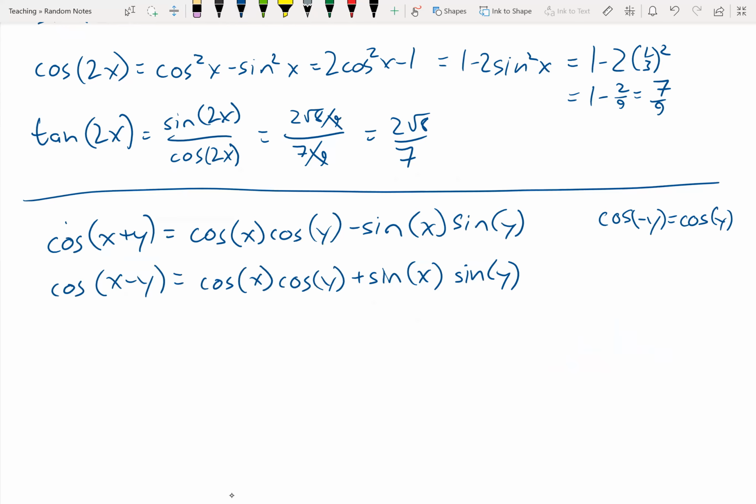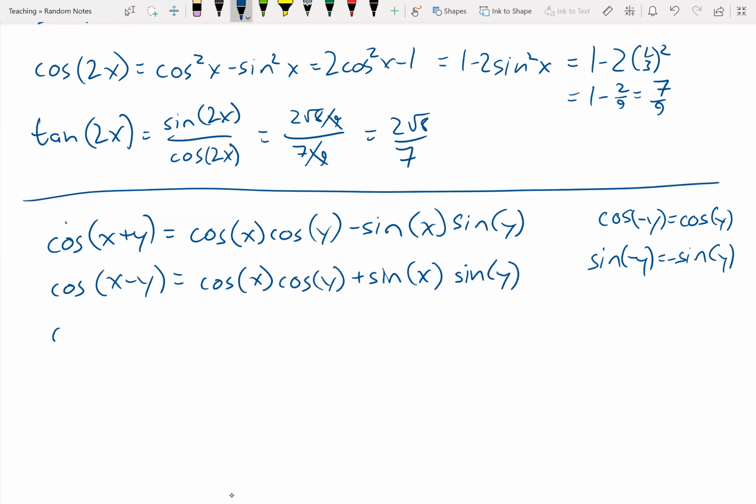Whereas sine is what we call an odd function. It's symmetric with respect to the origin. So if you have the same values, positive and negative, the outputs are opposite. So sine of negative y, if you have a negative inside, it flips the sign of the whole thing. So that's how I got cosine of x minus y.